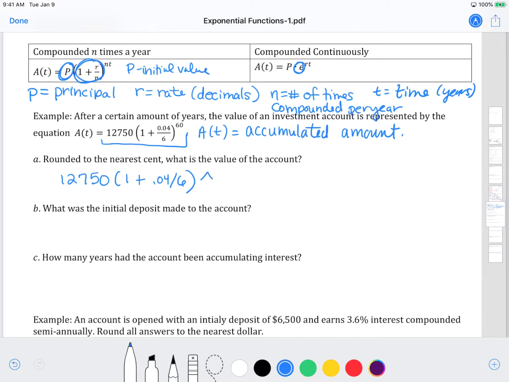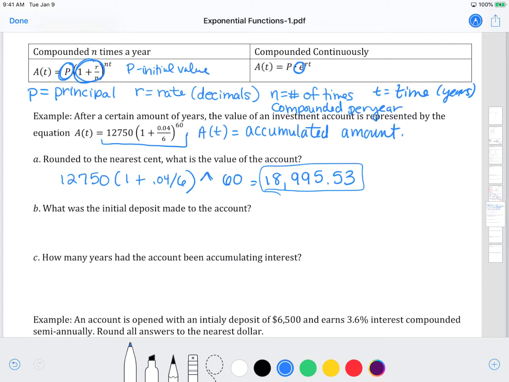And then I use my caret symbol to raise it to the exponent, and then I put 60. When we do that, we would get $18,995.53. So this is the accumulated amount of money that is now in the account.